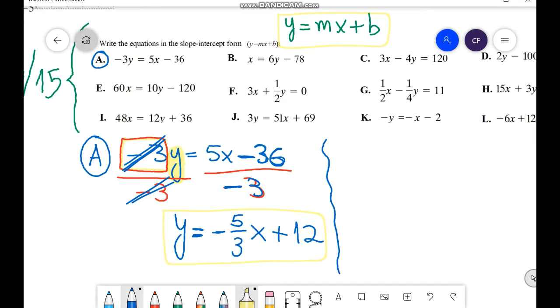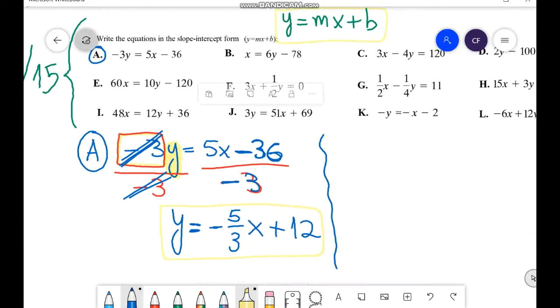So after a couple of minutes, let me know if you need help. Let me know which letter, which question you want me to help you, and you want to work together here on the screen, okay? All right, let's go, let's work, and let me know if you need help.